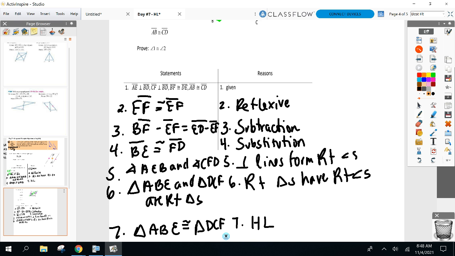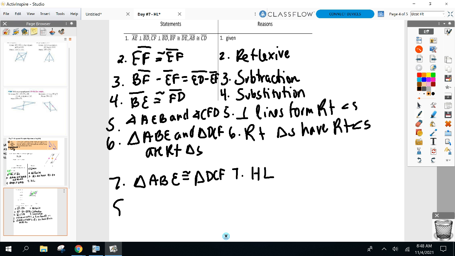And then good old 1 congruent to 2. Look at you, 8 proofs. Look at you. Big boys, big girls, huh?